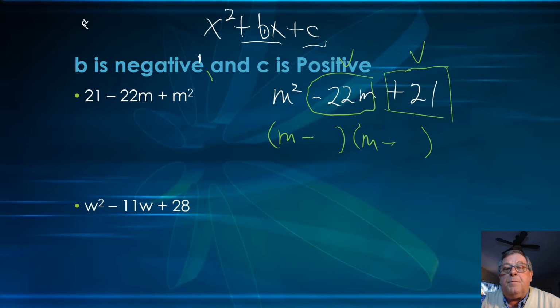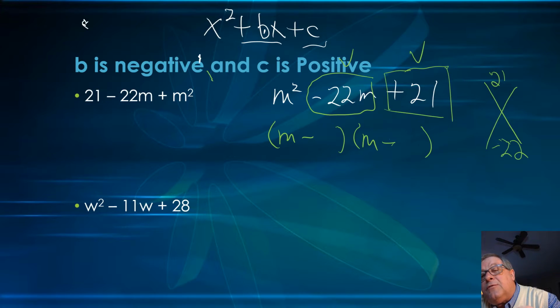Okay, so now I'm looking for two numbers that are going to multiply to 21 and add to negative 22. Well, this one's not too hard to figure out. Negative 1 times negative 21 is going to multiply to positive 21, and negative 21 plus negative 1 is going to add to negative 22.